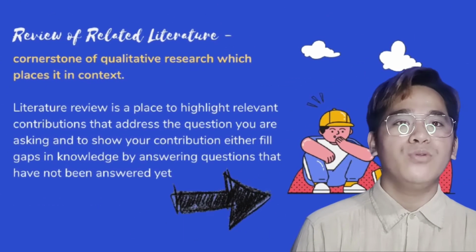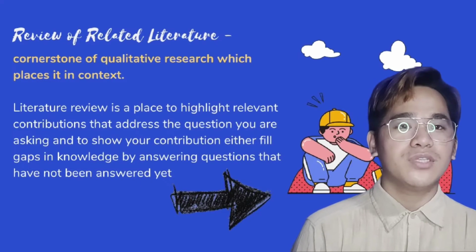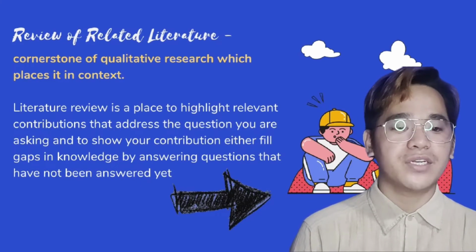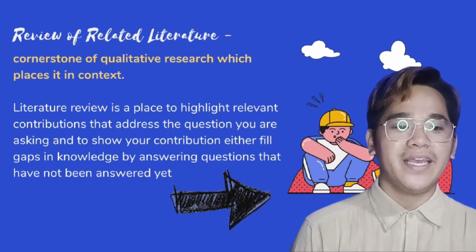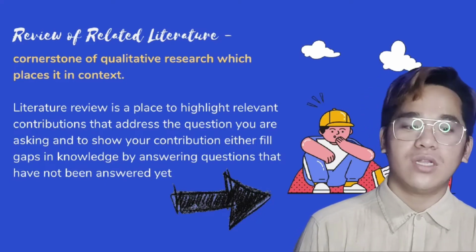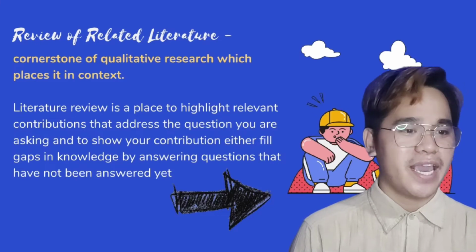This is the backbone, the soul of your research inquiry. The literature review is a place to highlight relevant contributions that address the question you are asking, and to show your contribution either fills gaps in knowledge by answering questions that have not been answered yet.